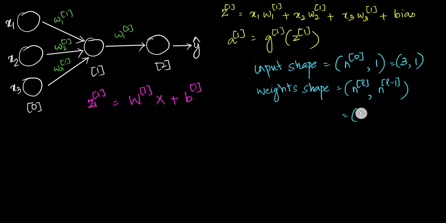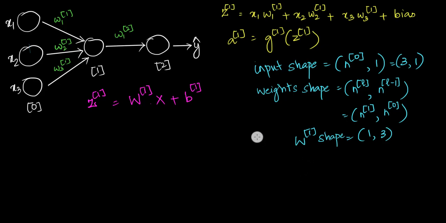So the number of neurons in the current layer, that is the first layer, comma, the number of neurons in the previous layer. So L minus 1 is nothing but 0. So the number of neurons in the first layer is 1, so we'll just write 1 here, comma, the number of neurons in the previous layer is 3, so we'll write 3 here. So the W1 shape is 1 comma 3.